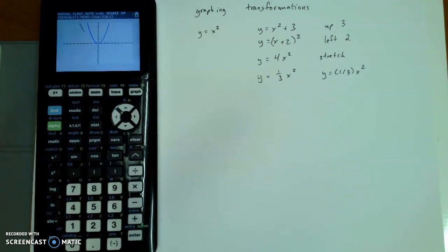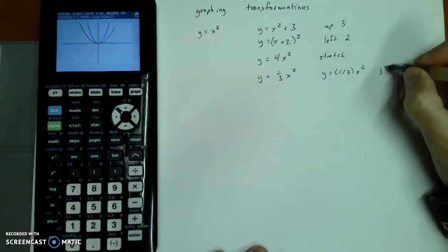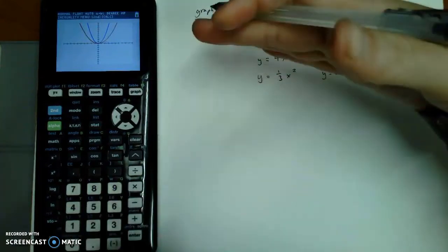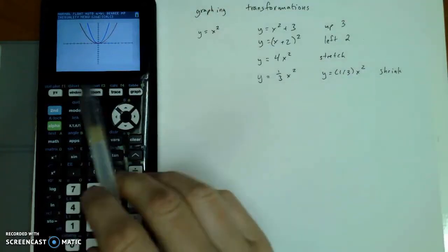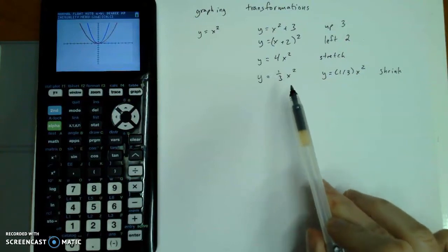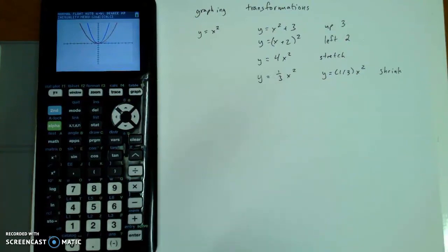So there's my base graph. And this one is a shrink. Again, we're going vertically, so I'm thinking of taking this and squishing it down this direction. That red graph now looks like it's fatter. And again, that 4 or 1/3 just tells me by how much I am stretching it or shrinking it.